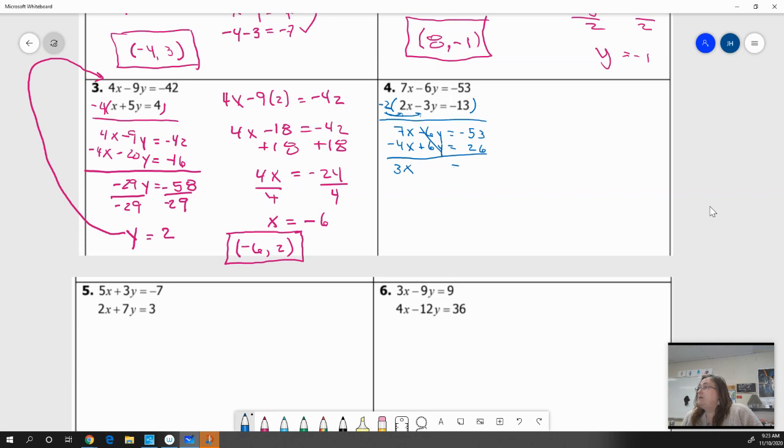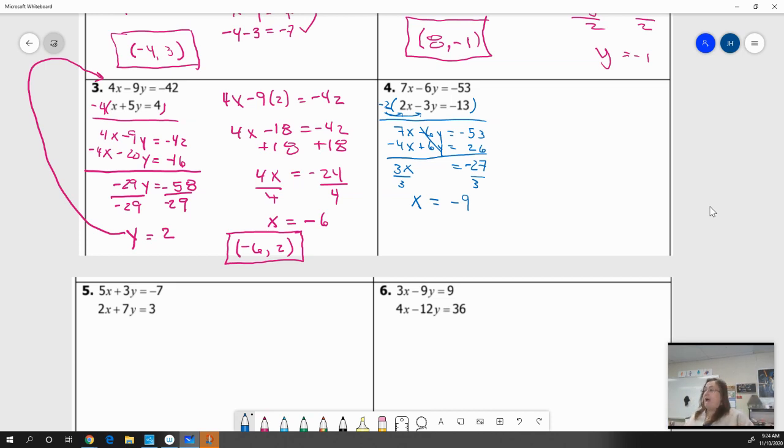And then we've got equals minus 53 plus 26 is negative 27, which is convenient because when we divide by 3 on both sides to isolate our x, I know that 27 is evenly divided by 3 and we get negative 9. So we found our x value, very important.